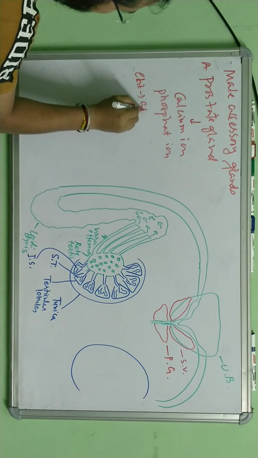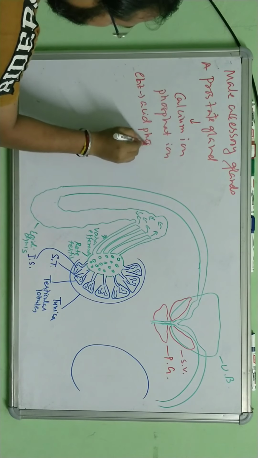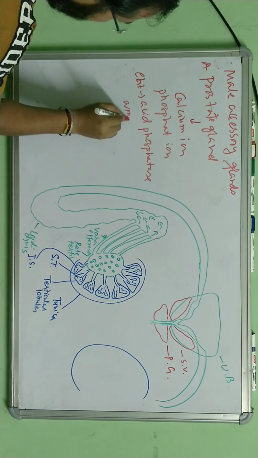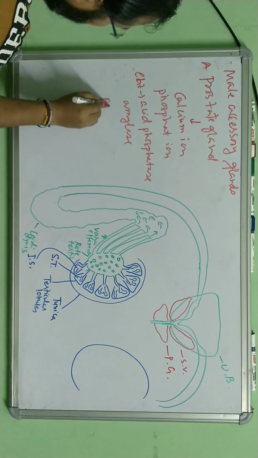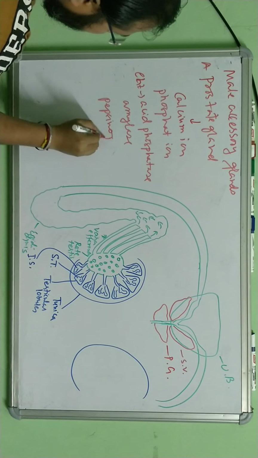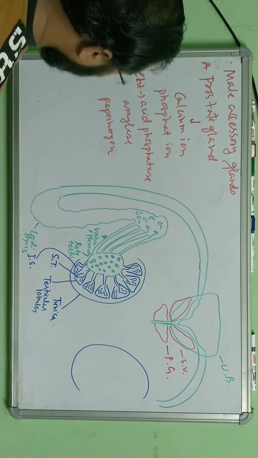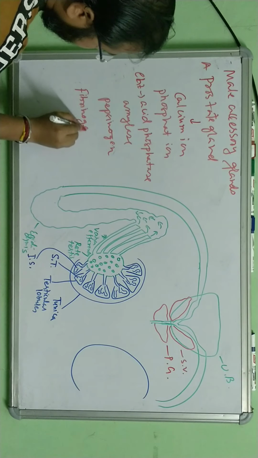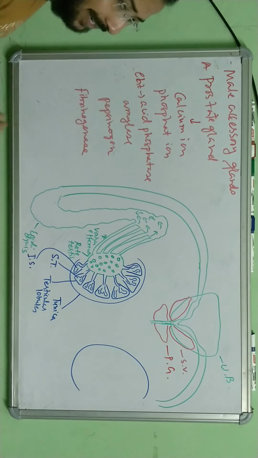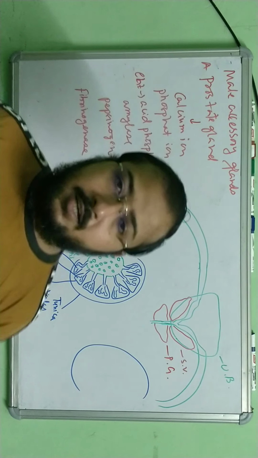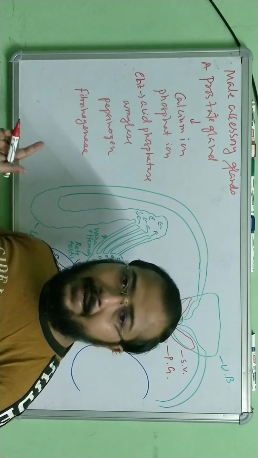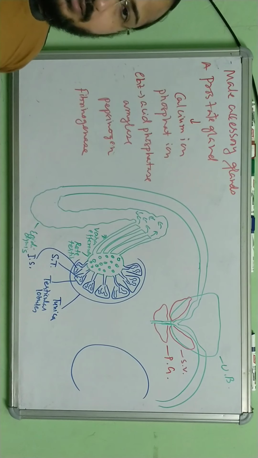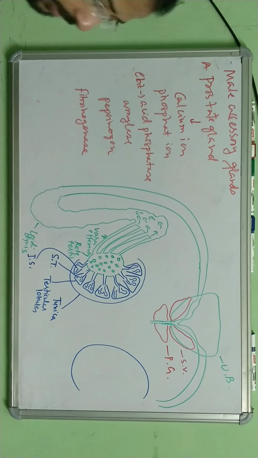For example, acid phosphatase, amylase is also present there. Pepsinogen is also present there, and also fibrinogenase. These are major enzymes which are present inside this fluid secreted by the prostate gland. Okay, so this makes the fluid of the prostate gland.